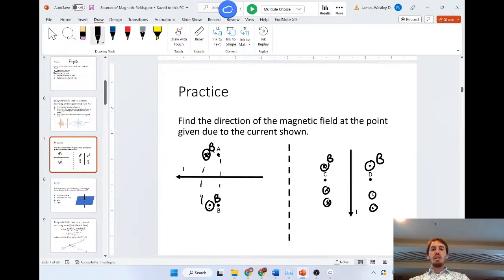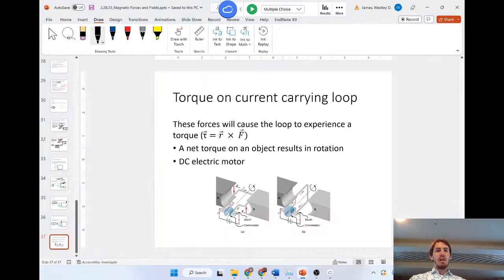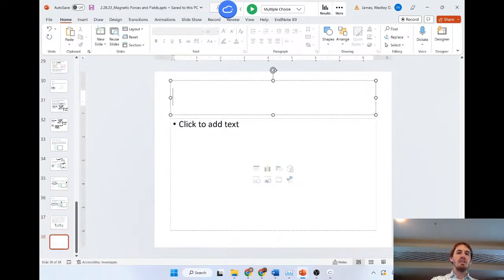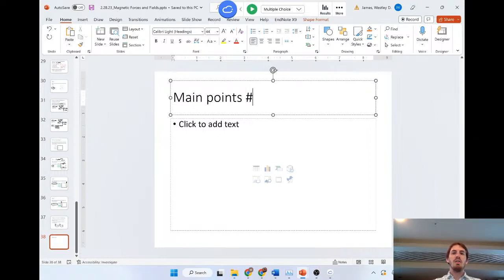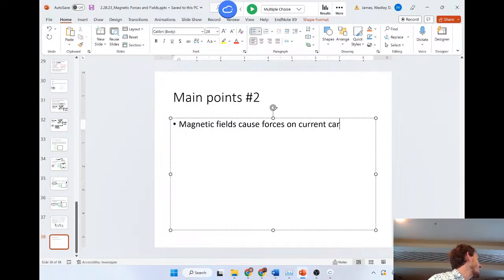Okay, so let me just do a quick wrap up. I know I've got 2 slides with the wrap up, so I'm just going to jump to the one over here. So what did we learn today? Main points number 2. We learned that magnetic fields cause forces on current-carrying wires.